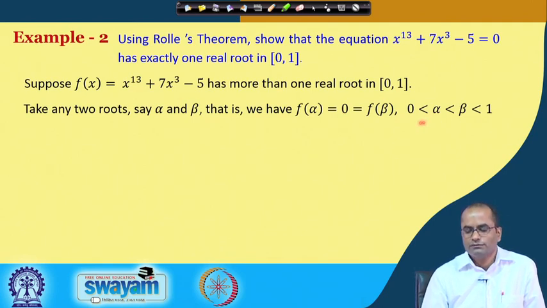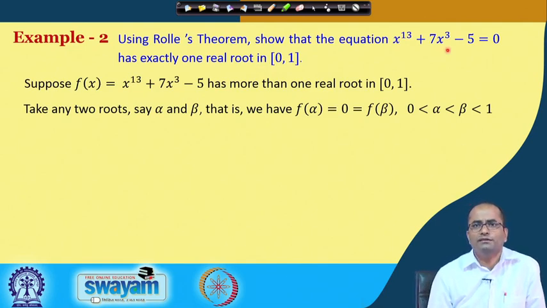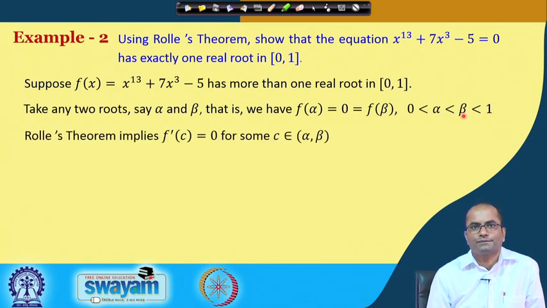For convenience we have assumed that alpha is smaller than beta, and naturally these two will fall between 0 and 1, because 0 and 1 are not roots of the equation, which we can clearly see. So, alpha and beta are both positive numbers and less than 1.